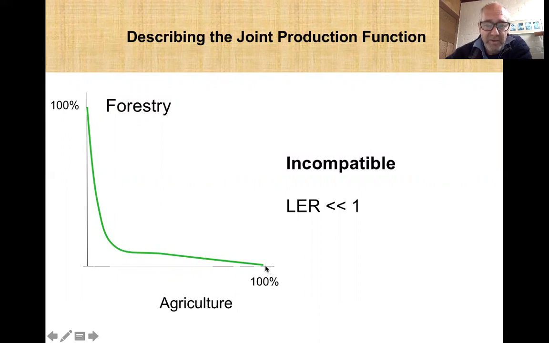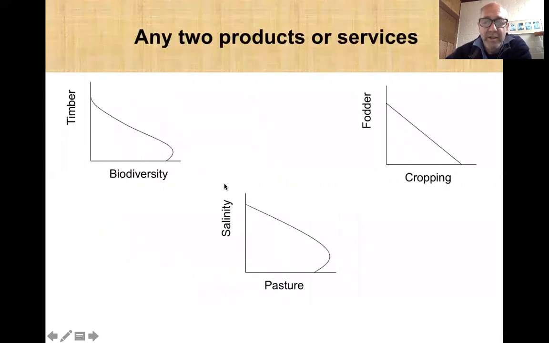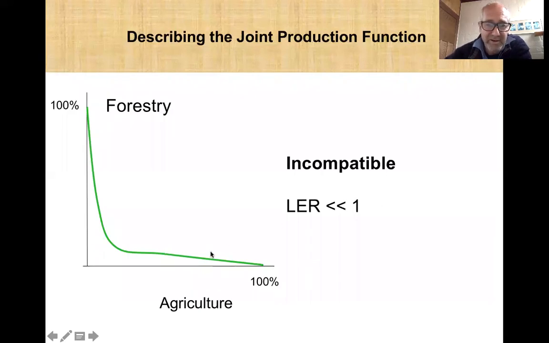In the other case where 100% agriculture, a farmer plants a few trees and they work out they're poisonous to agriculture or something. So your agriculture production plummets. Again, quite clearly, this is a very negative land equivalent ratio. A combination of the two is impractical or irrational or uneconomic, and you wouldn't do it.